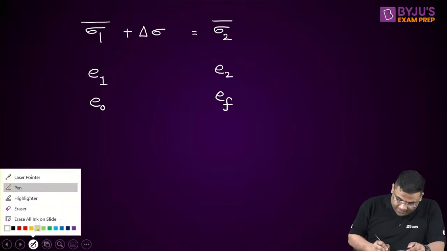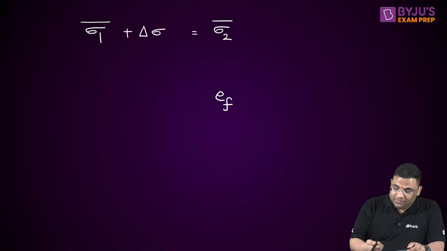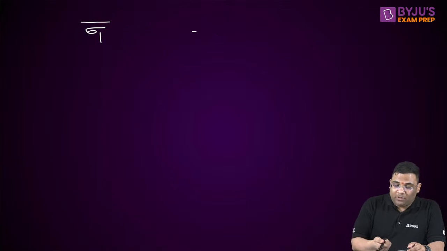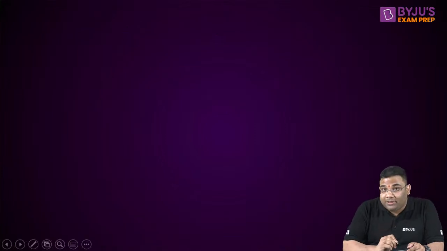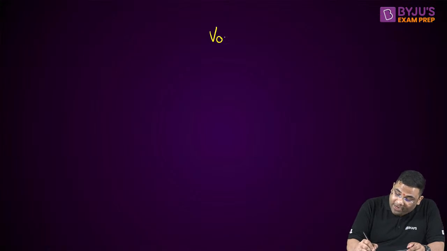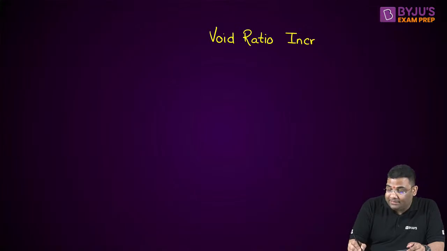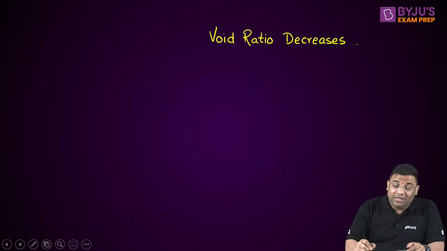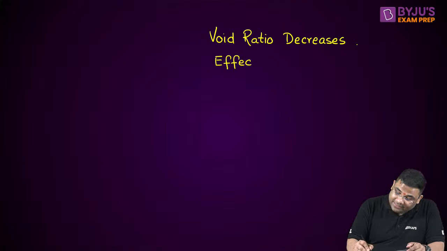Now, during the process of primary consolidation, what is happening? Void ratio increases or decreases? Decreases. Void ratio decreases, and your effective stress increases.